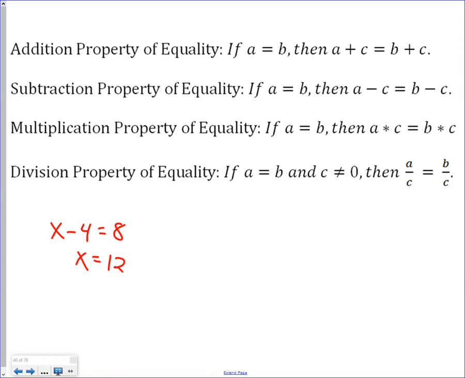That would be the subtraction property of equality. Again, these 4 properties are ones you use basically all the time as you're solving algebraic equations. None of these should be new.